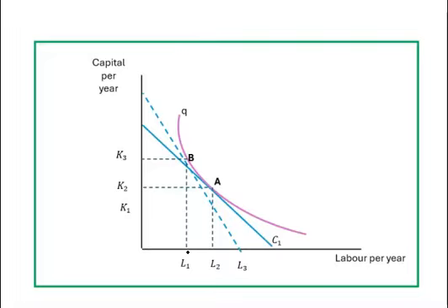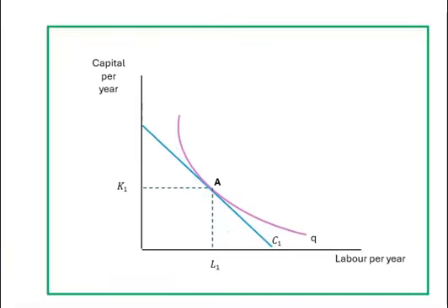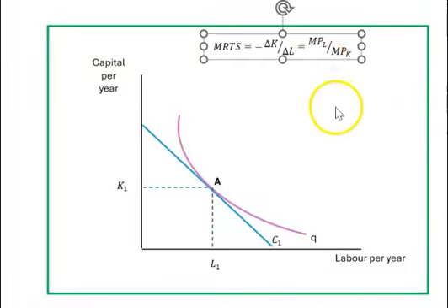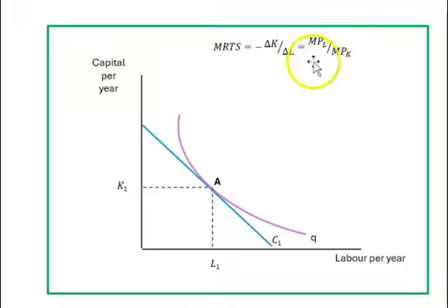Let us now examine how the Isocost line relates to the firm's production process. You will recall that in our analysis of production technology, we showed that the marginal rate of technical substitution of labor for capital is the negative of the slope of the isoquant and is equal to the ratio of the marginal product of labor and capital.